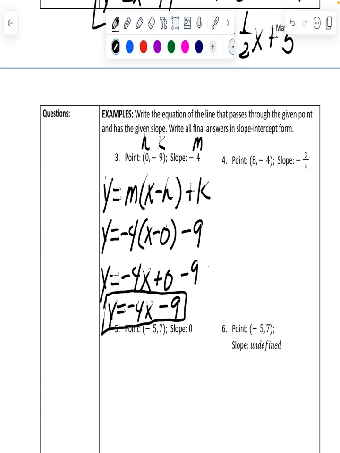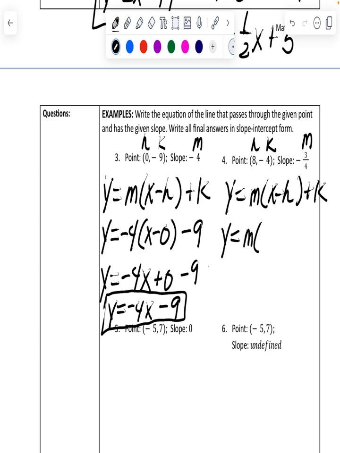All right, great. So y equals m times x minus h plus k. I have it written out. Then I have my h, I have my k, I have my m. Wonderful. So let's do our y equals m times (x minus 8) minus 4. Oops, gotta write my slope in, don't I? My slope is negative 3 over 4.